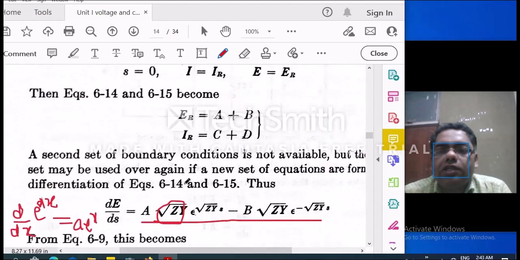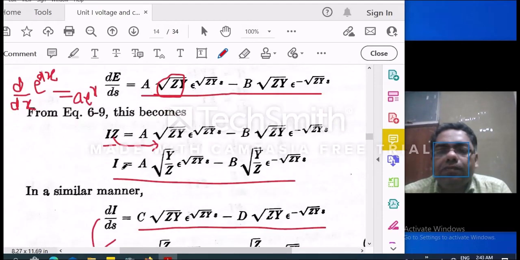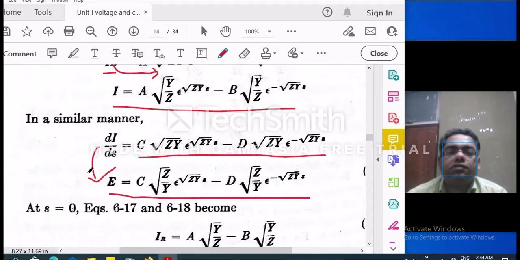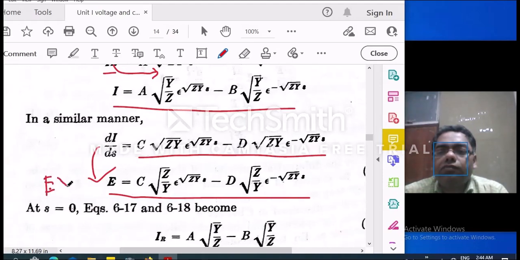So dI by dS I write as EY, and Y, if I take down, I get the expression for E.